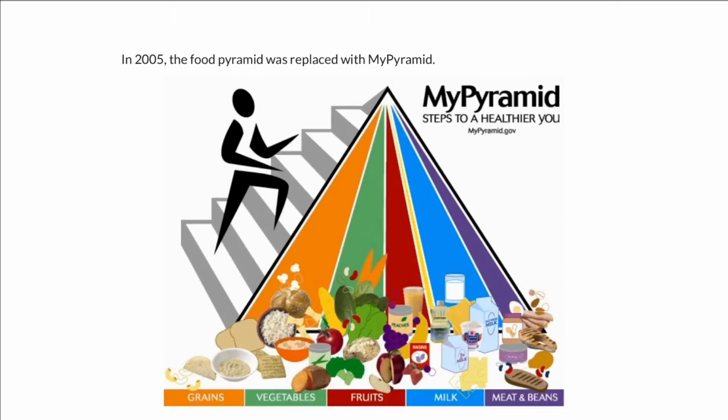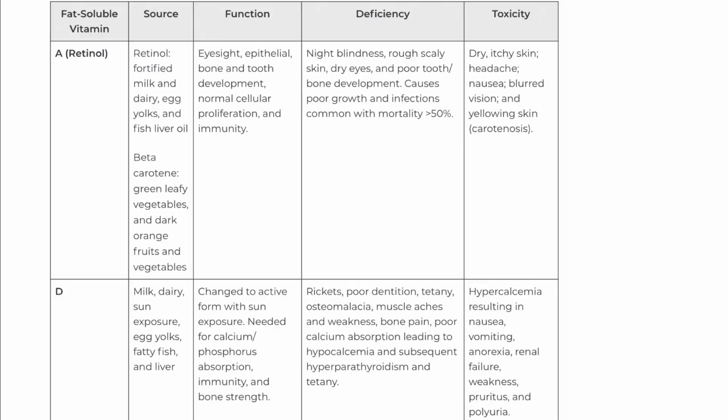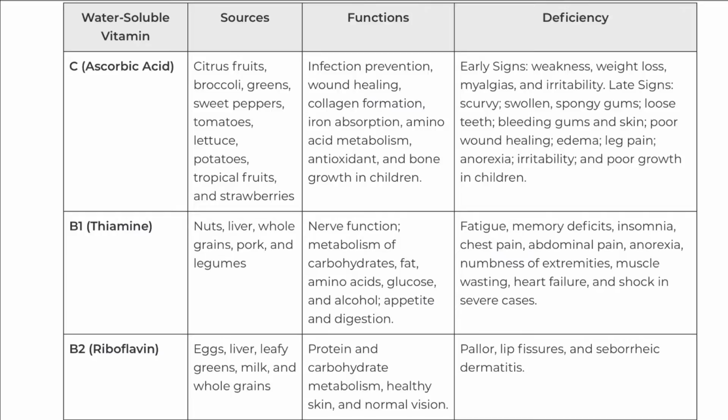3 is nutrient amounts. The Nutrition Facts panel must list the amounts of these nutrients: total fat, saturated fat, trans fat, cholesterol, sodium, total carbohydrate, dietary fiber, sugars, added sugars, protein, calcium, vitamin D, iron, and potassium.